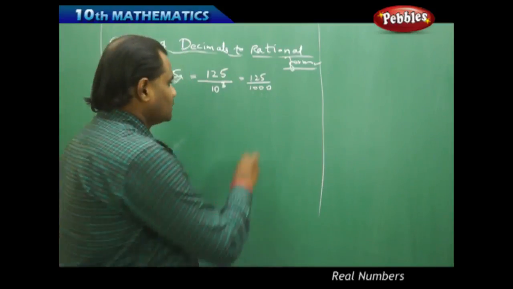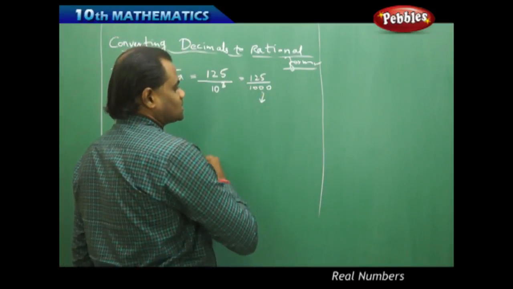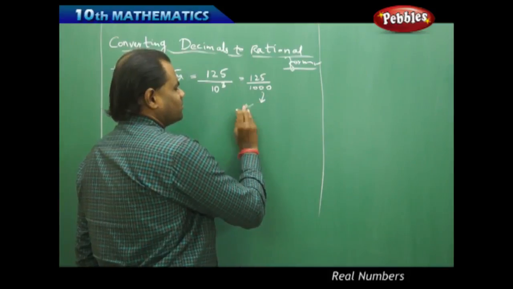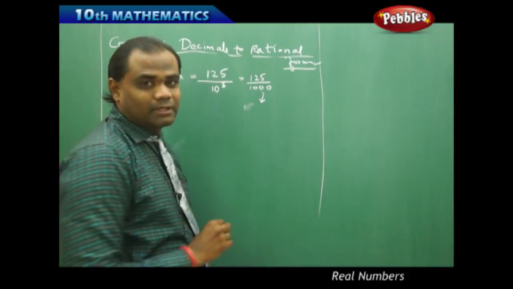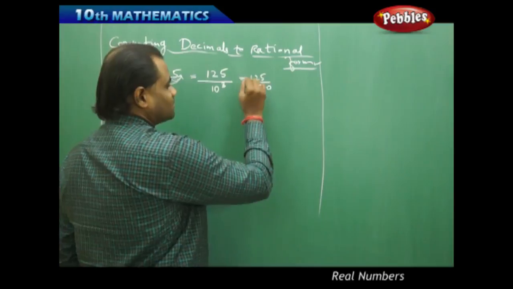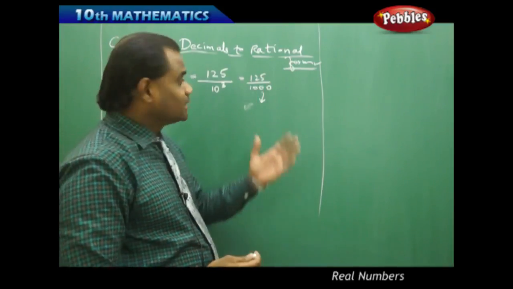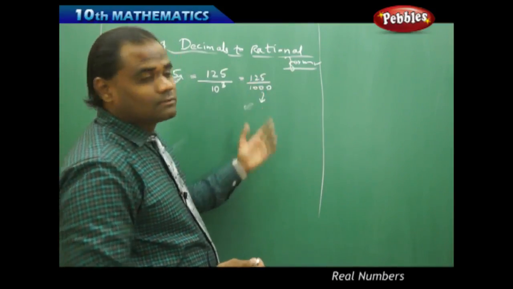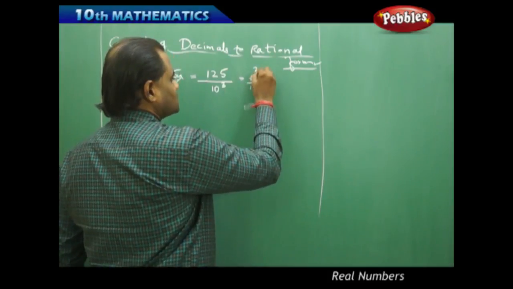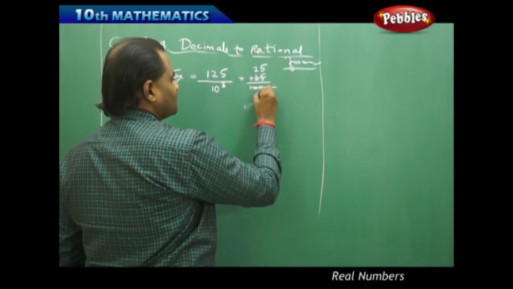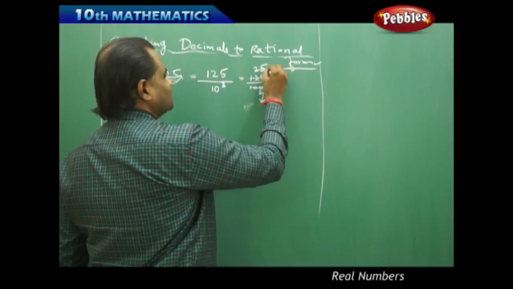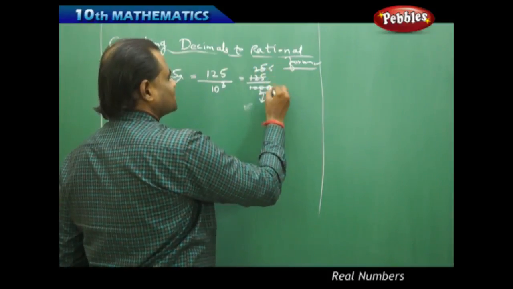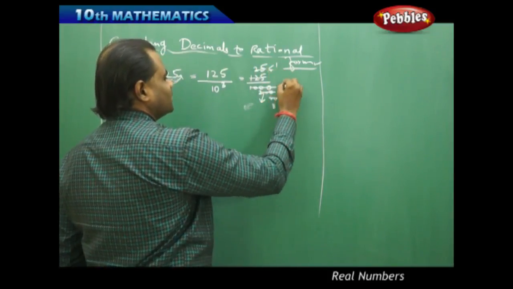But how do I give the most simplified answer for this? I wanted the most simplified answer for 125 divided by 1000. In this case, when I want to further simplify, I understand that I can divide this by 5, where I get 5 2s are 10, 5 5s are 25, 5 200s are 1000, 5 5s are 25, 5 40s are 200, 5 1s are 5, 5 8s are 40.